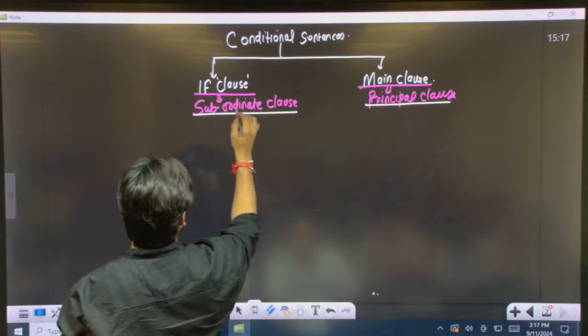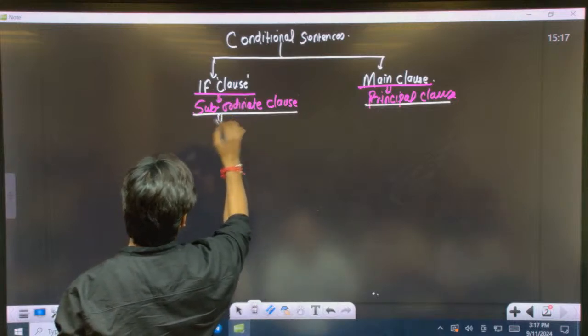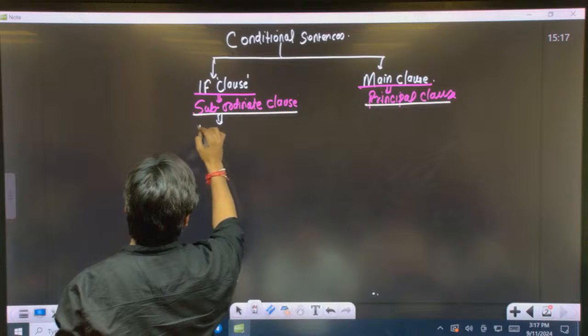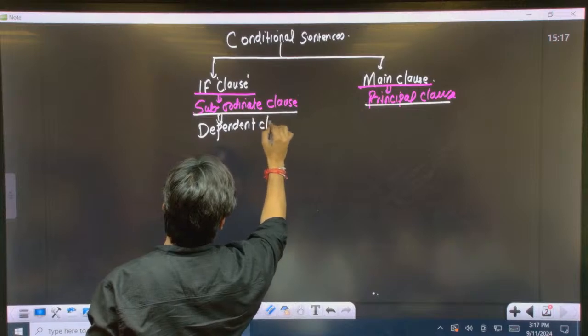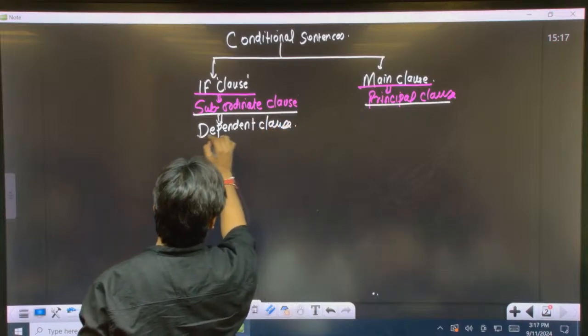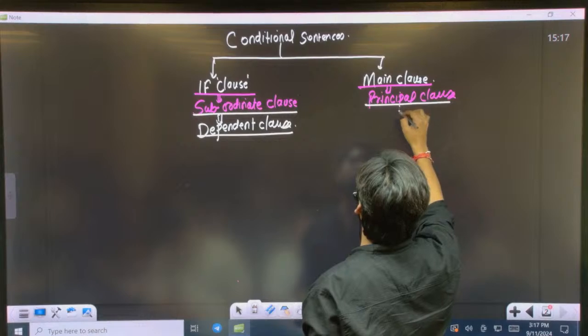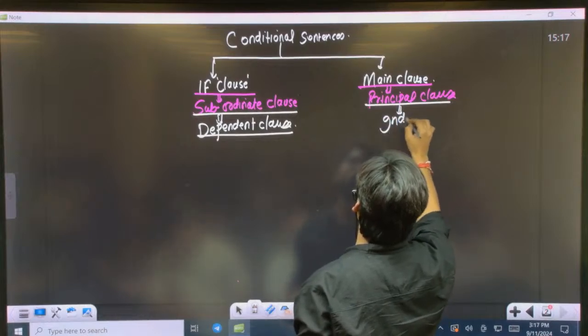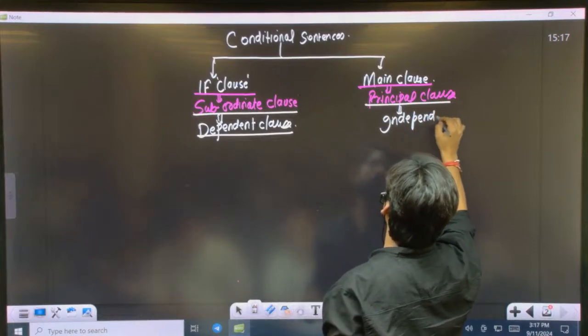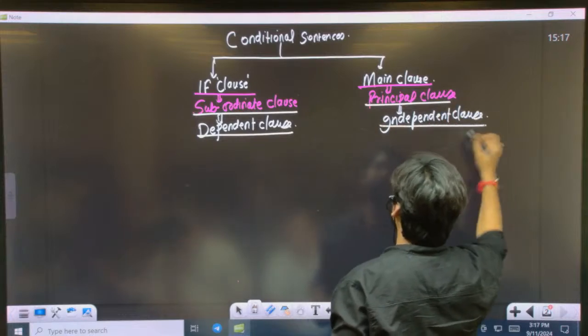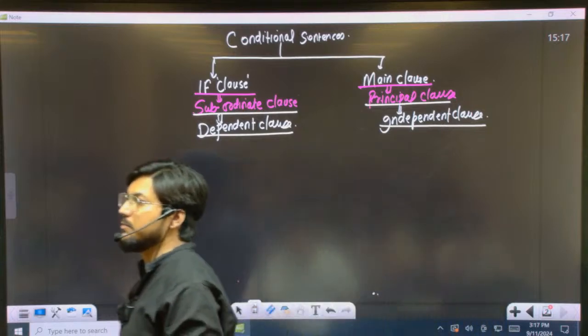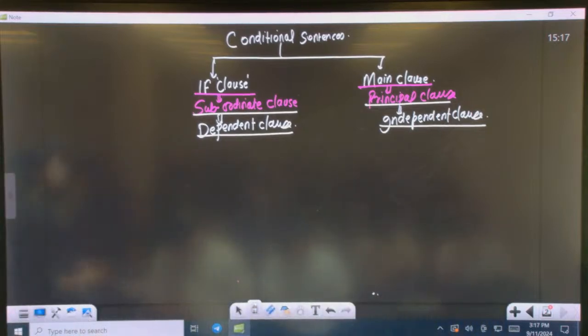If clause or subordinate clause is also known as dependent clause. These are the names. Dependent clause, whereas main clause will be your independent clause. If clause, main clause, subordinate, principal, dependent or independent clause.